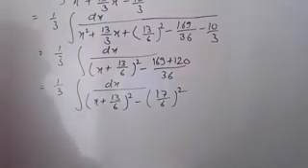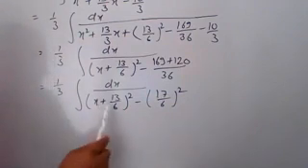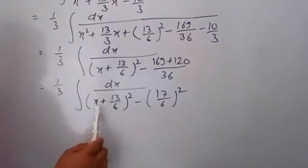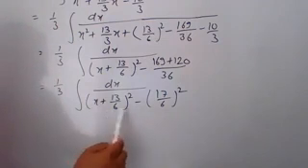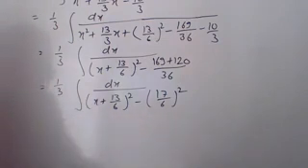Now compare it with the first three formulas which you wrote. So that is in the form of integration of 1 upon x square minus a square. So what is its formula? 1 upon 2a log of x minus a upon x plus a. So use it.